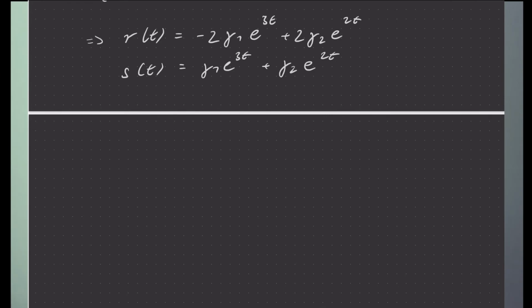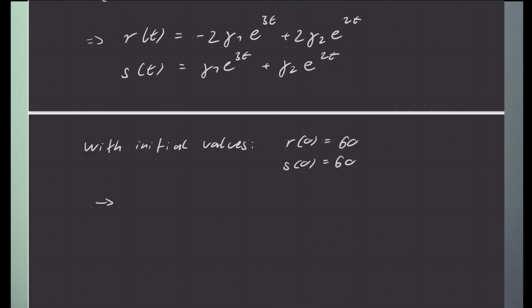And now finally, what is left is to determine these constants, gamma 1 and gamma 2. We can do this by using the initial values. Remember, the initial values were R of 0 is 60 and S of 0 is also 60.